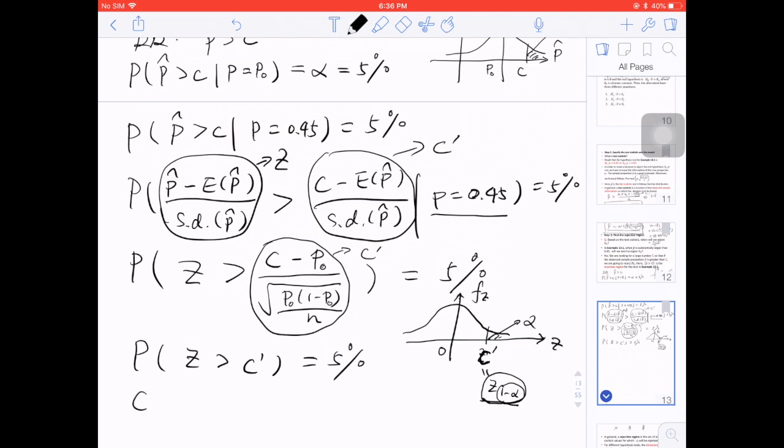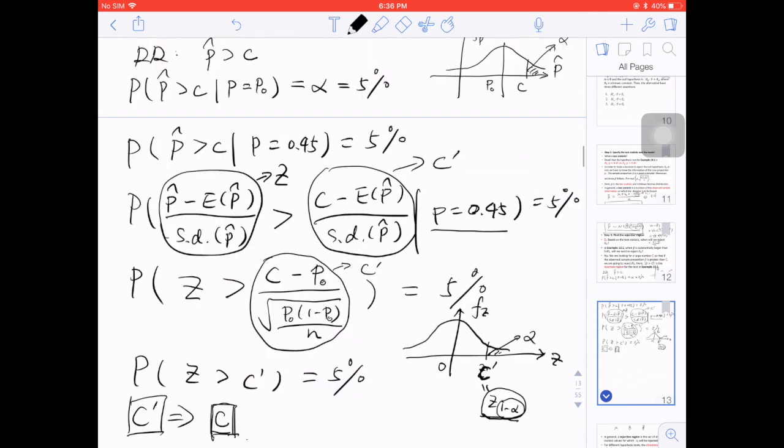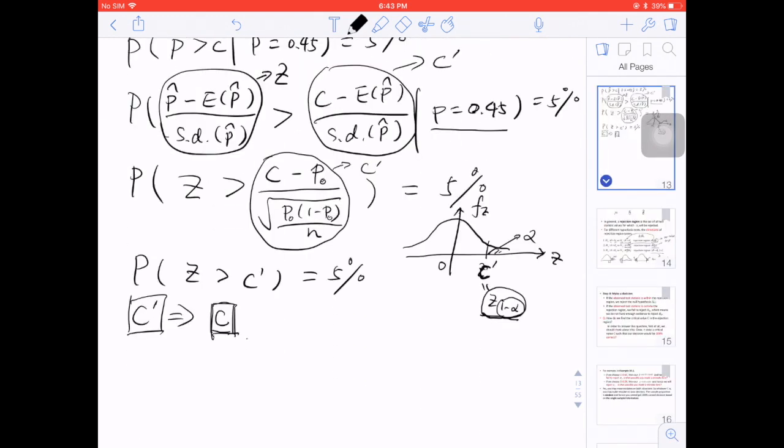Once the c prime is confirmed, you can find the corresponding value for c, because c prime is just z 1 minus alpha here.